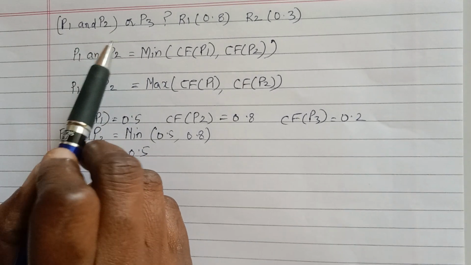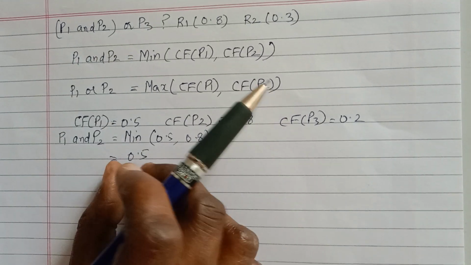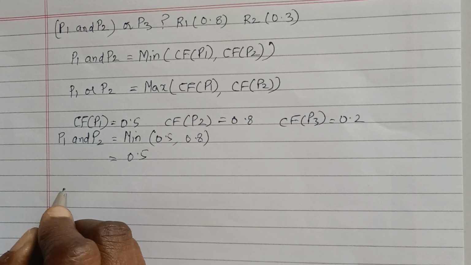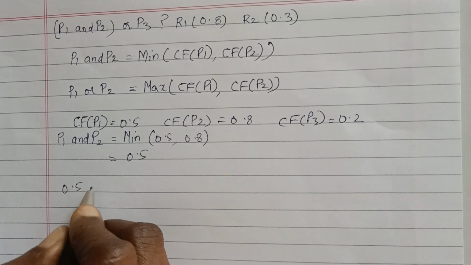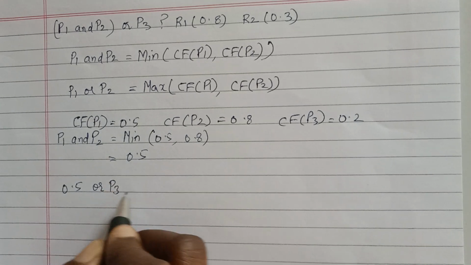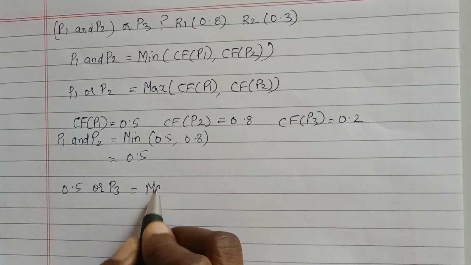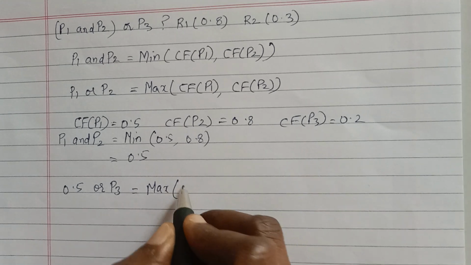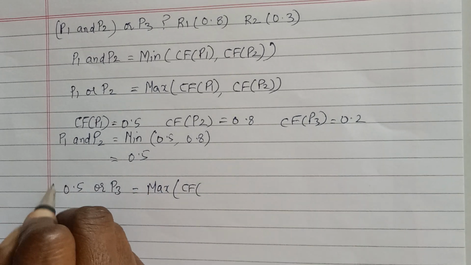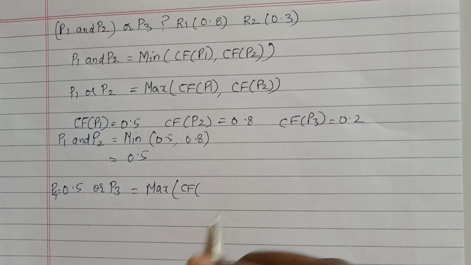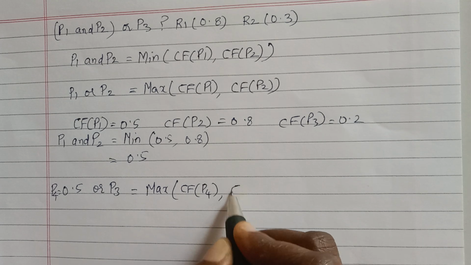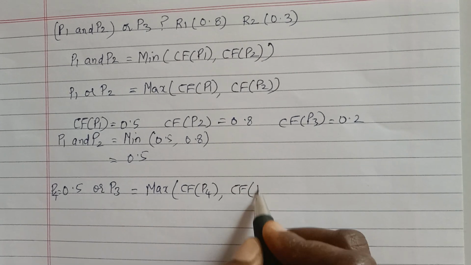Next they have given P1 and P2 or P3. So with this value, 0.5, you have to take or P3. The formula is the maximum of CF of, let's take this as P4. So the maximum of CF of P4 and the certainty factor of P3.